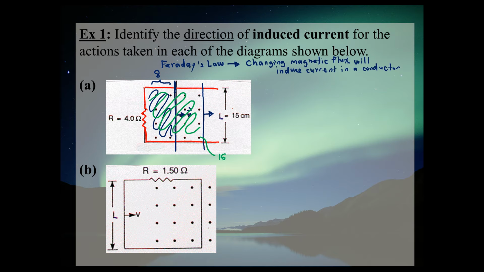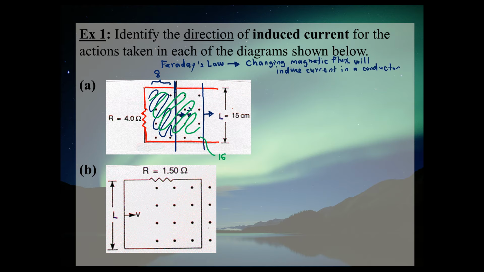So what you've done is, as a result of moving the rod along the broken circuit, you're increasing the number of magnetic field lines within that area. If the number of magnetic field lines within an enclosed area is changing, then your magnetic flux changes, and you're going to induce current.